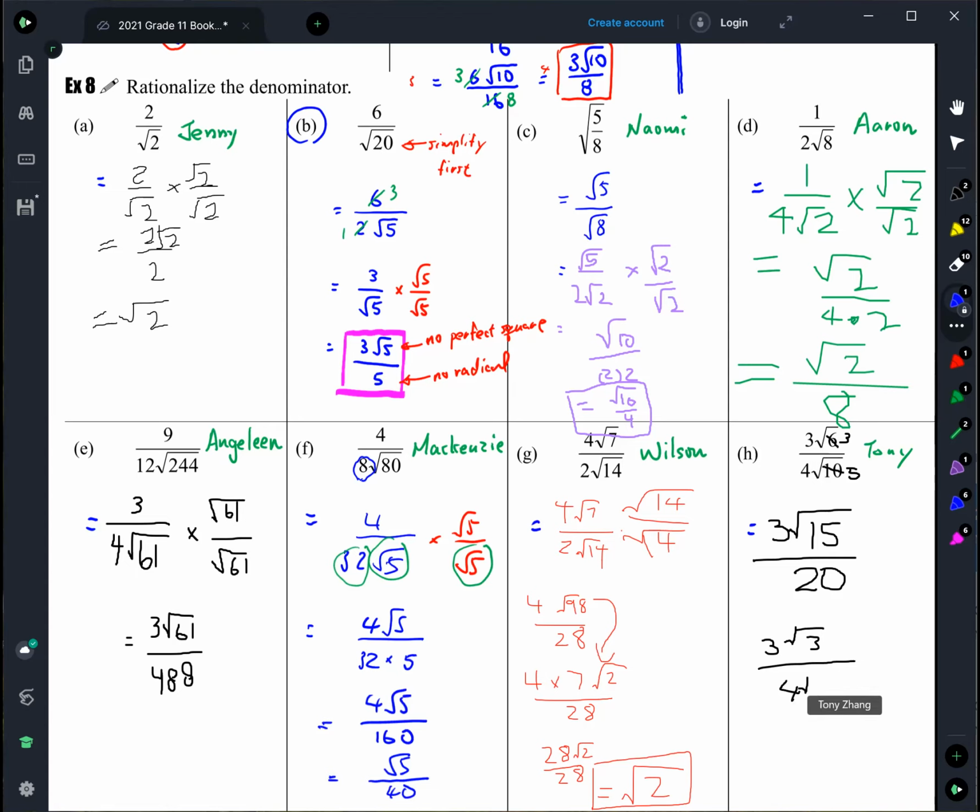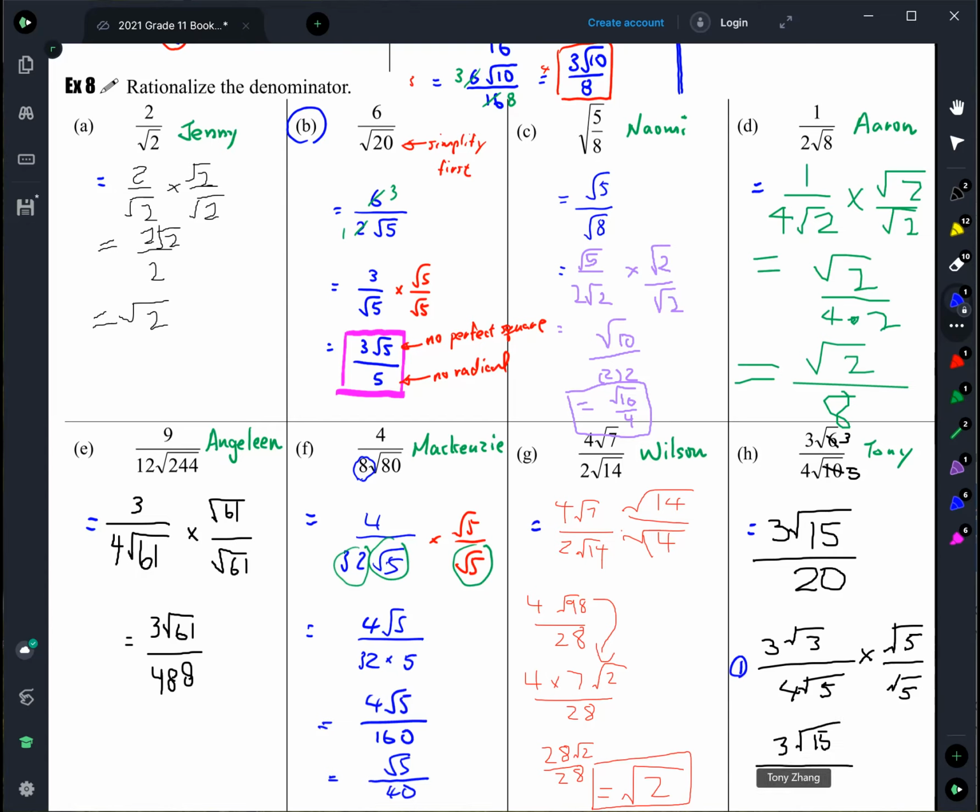And then my next step was, because we want to get the rational number, I just did times root 5 over root 5, and then I got root 15, and that's a 3 over here.